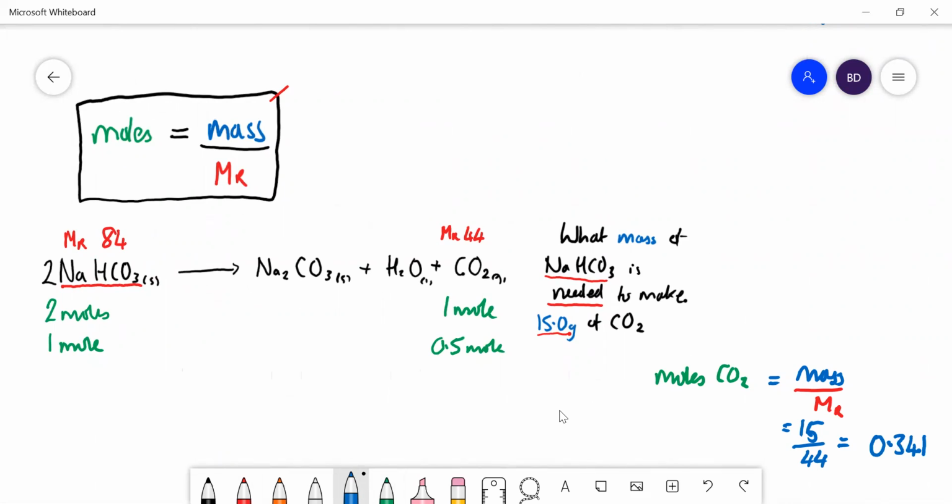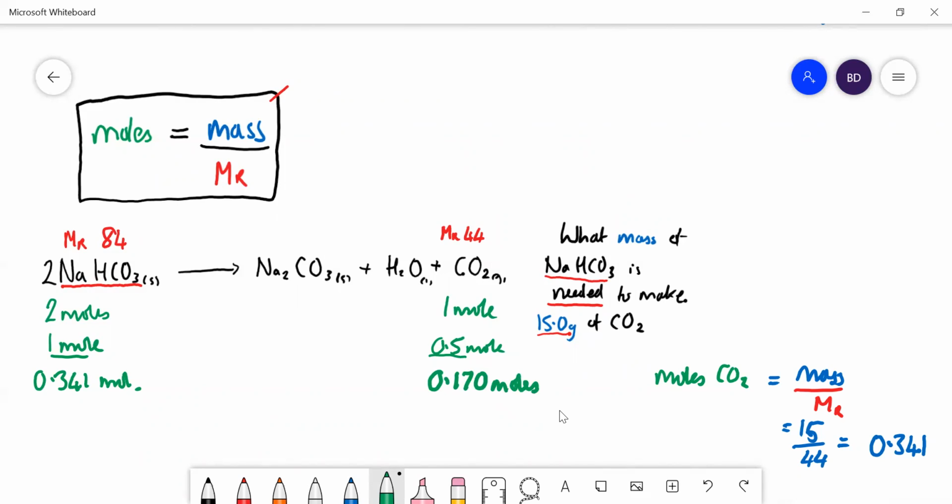Here we know that 1 mole of sodium hydrogen carbonate gives us half a mole of CO2. So 0.341 moles is going to give us 0.341 divided by 2, which is 0.170. So that gives us 0.170 moles of carbon dioxide.